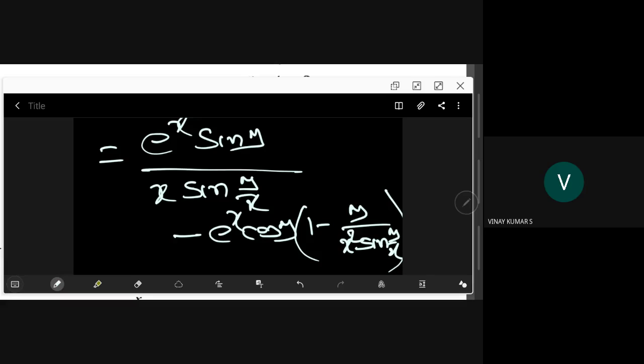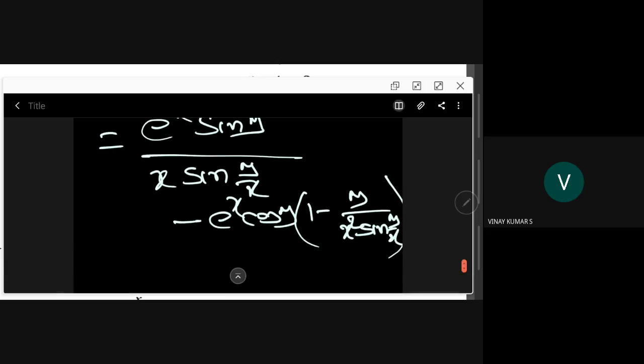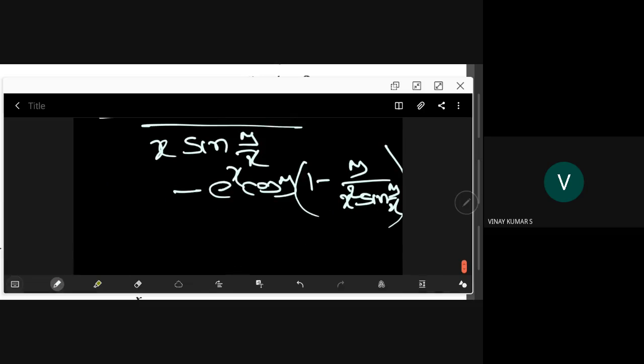So is there any simplification possible here? If you look at the LCM, you have x sin(y/x).